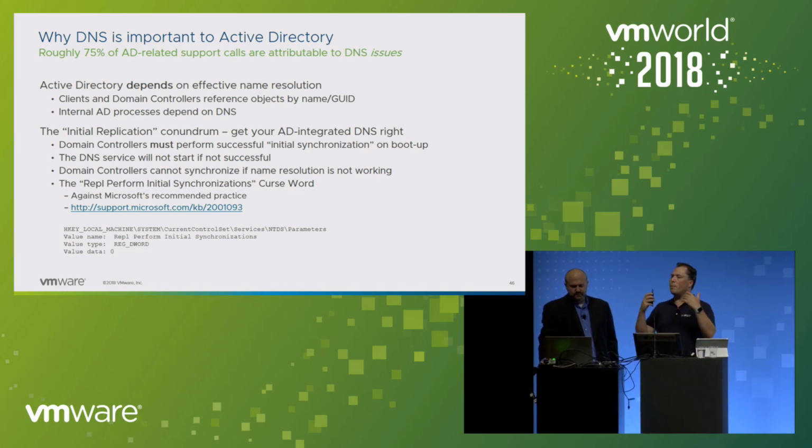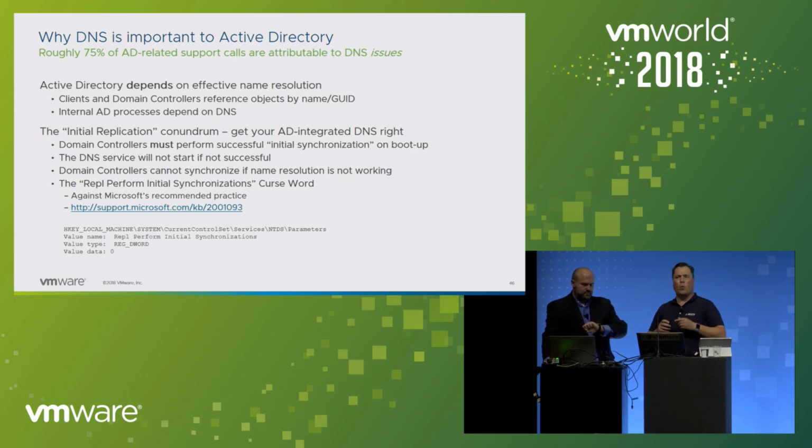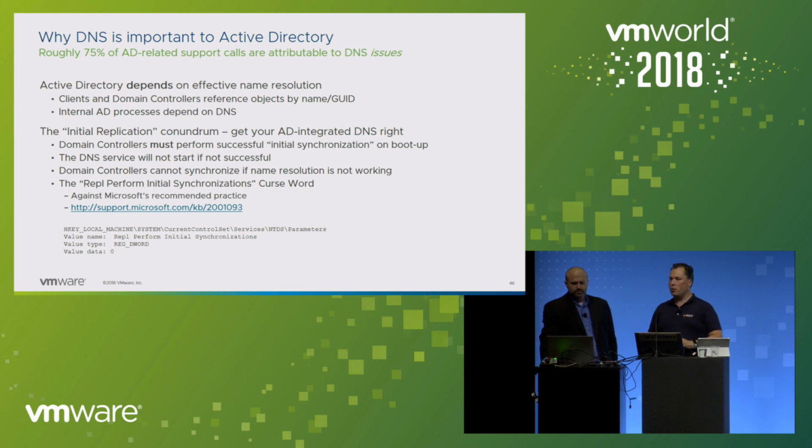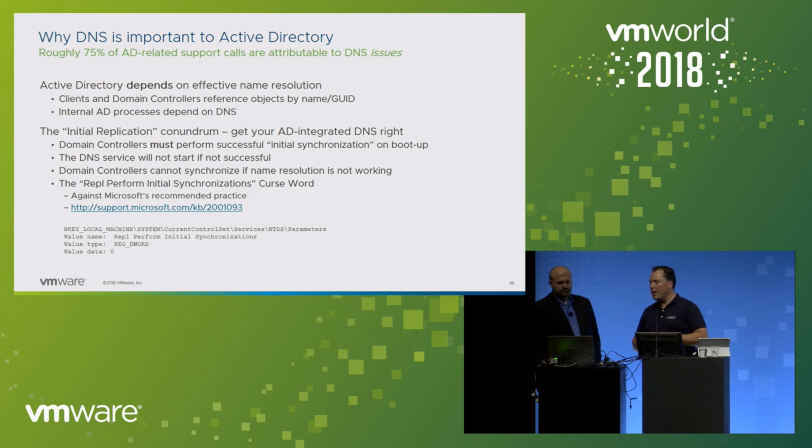It's all that stuff that makes Active Directory perform well. But there's just one little thing that, well, it's not really a virtualization problem per se, but vSphere has the most amazing solution for you to avoid it. And it's called the domain controller or the DNS conundrum.